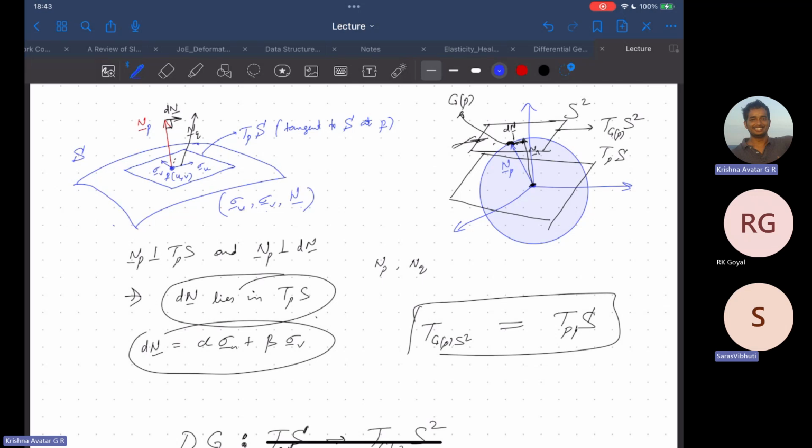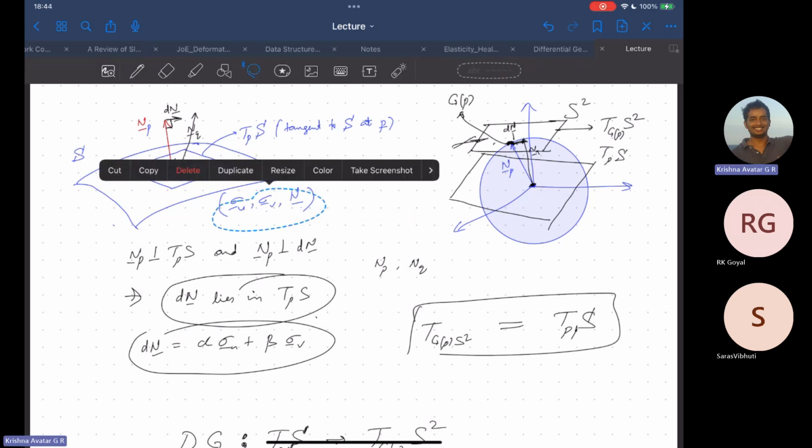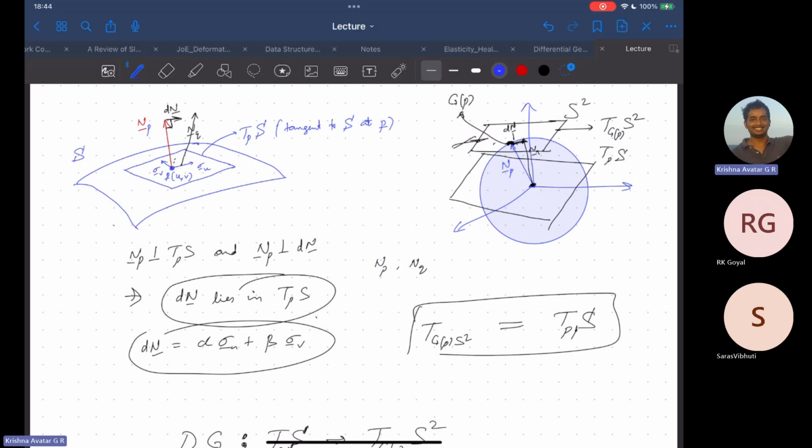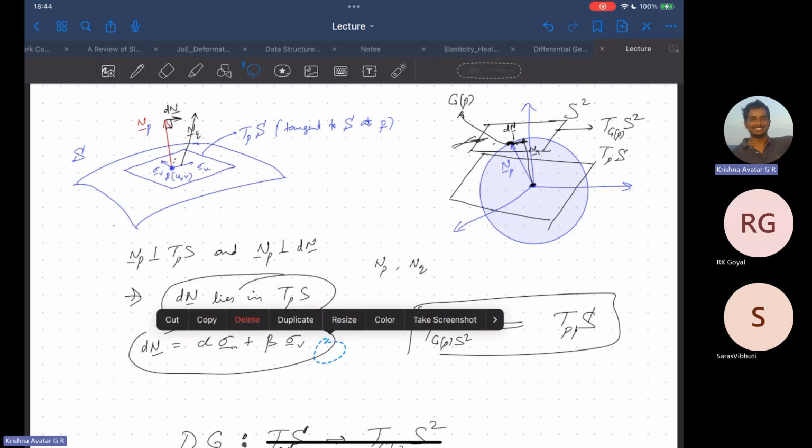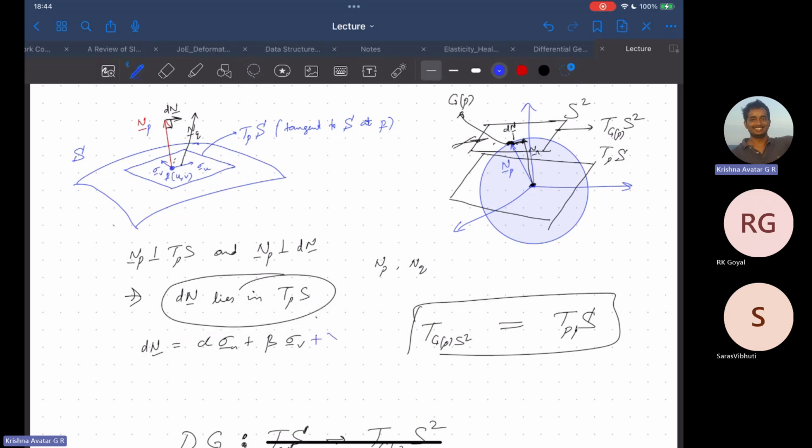So why not represent the dn vector this way as well? We require only three, and dn is a vector, so we can clearly represent it in sigma u, sigma v, and n.